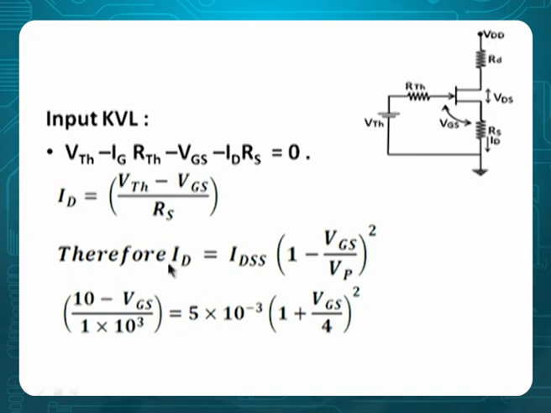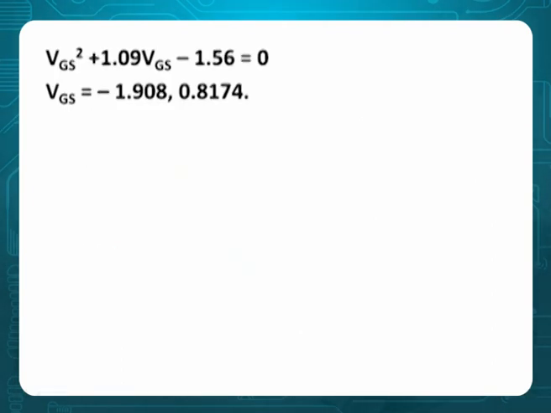Therefore, ID is IDSS into 1 minus VGS by VP whole square. So V Thevenin is 10 minus VGS by 1 kilo, equals 5 milli into 1 plus VGS by 4 whole square, because VP is minus 4, minus of minus becomes plus 4, and we need to solve it. When you solve this equation, you will get minus 1.908 and positive 8.1.